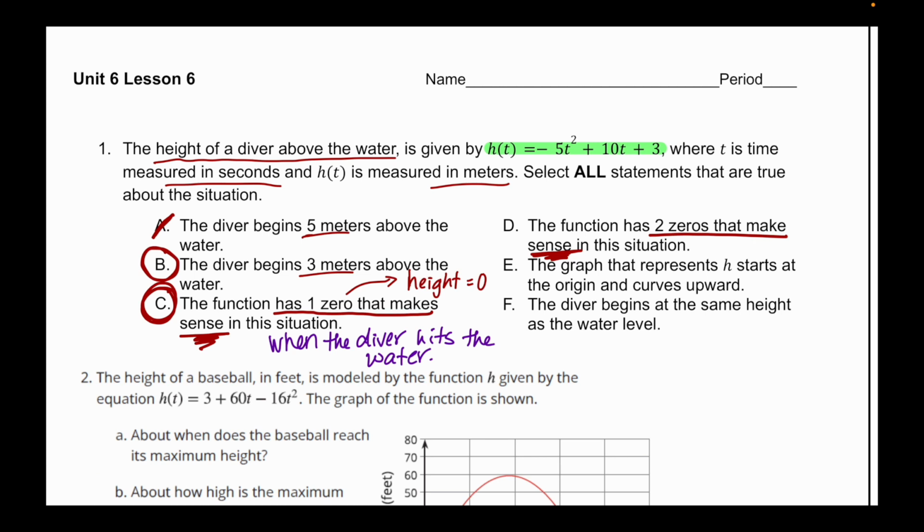So option D is not going to make sense for us because we would not have 2 zeros here. It's not like they're starting at 0, jumping up, and then falling back down. It's just the one that makes sense.